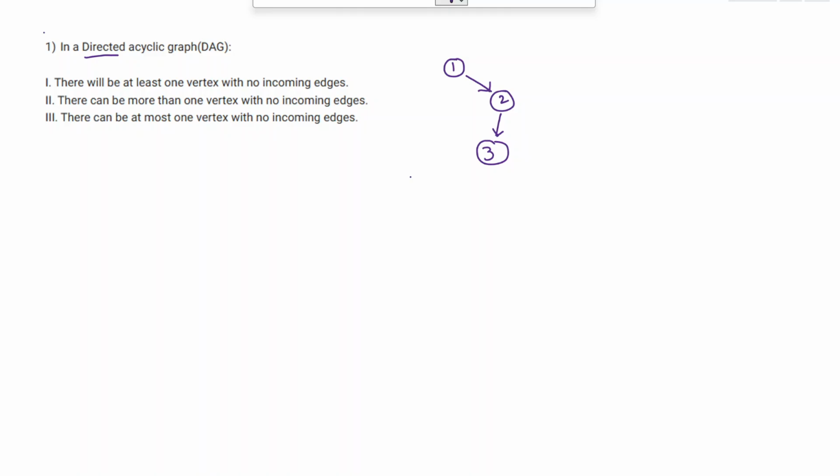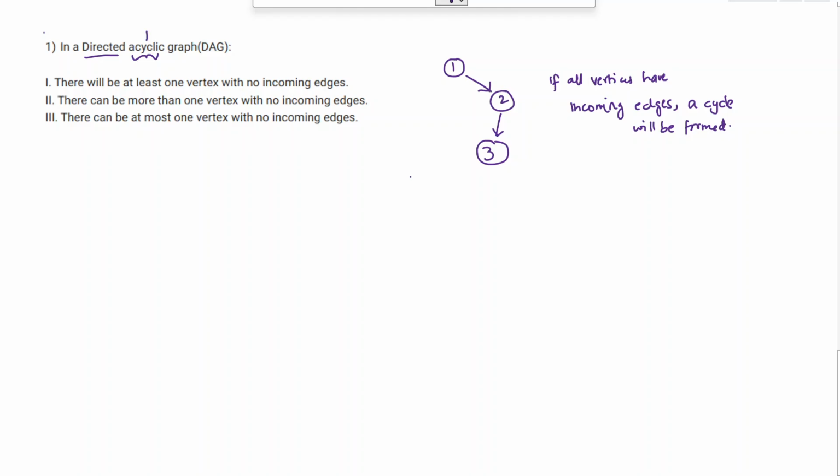Because if that is not the case, if all vertices have incoming edges, a cycle will be formed. So that contradicts the fact that the DAG is acyclic, right?